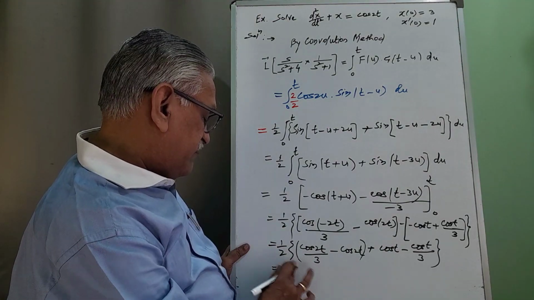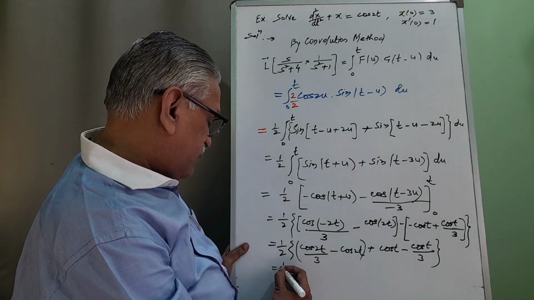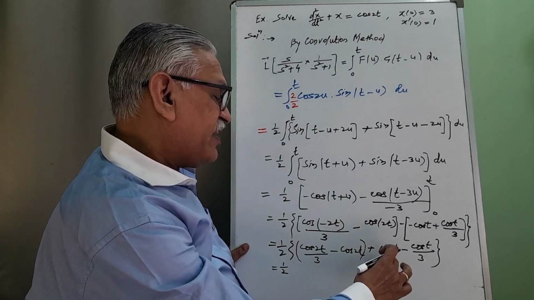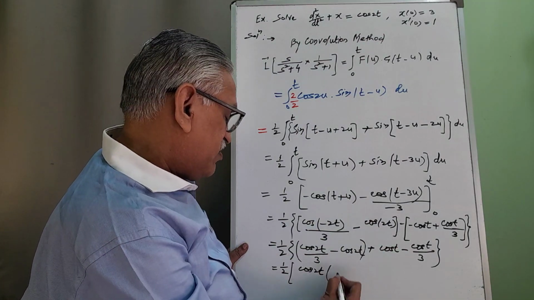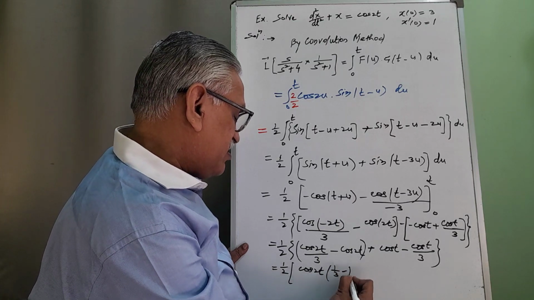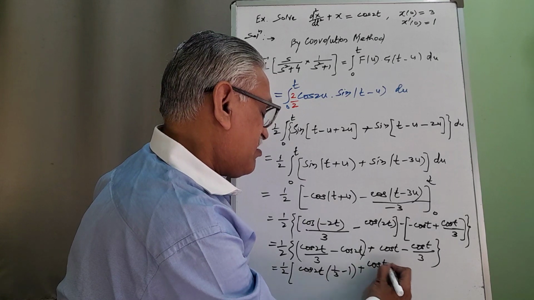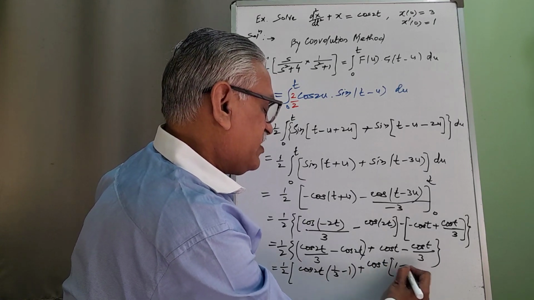It is 1 by 2. Here we can take common 1 by 3 minus 1, and plus cos t we can take common 1 minus 1 by 3.